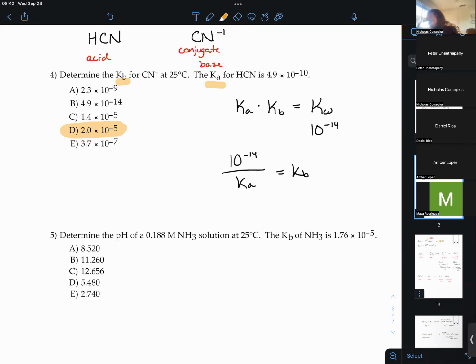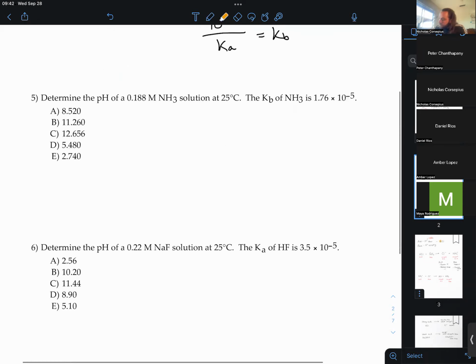All right, so now for this next one, now we have a weak base. So all of a sudden now we can't just assume the concentration of hydroxide ion is equal to the concentration of our starting base. We've got to incorporate the equilibrium constant. So the first step, and this is why we did this at the very beginning, is to get your balanced chemical equation.